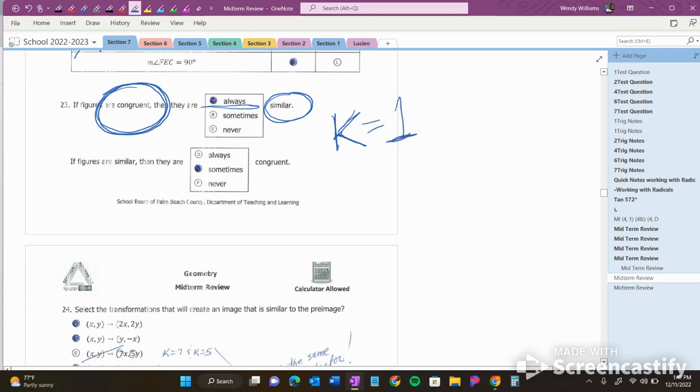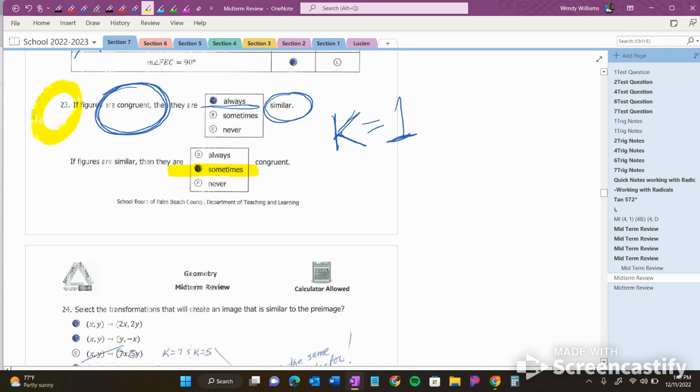Thinking about the clothes in your bedroom, they're congruent and similar. They have the same size, they have the same shape, but they may be different colors. They are similar. If figures are similar, then they are always congruent. No, they are sometimes congruent. Not always, but sometimes.